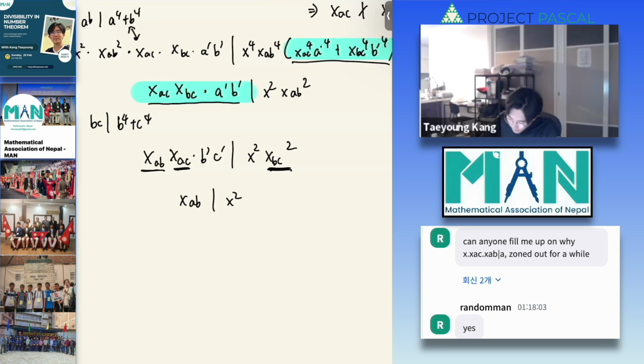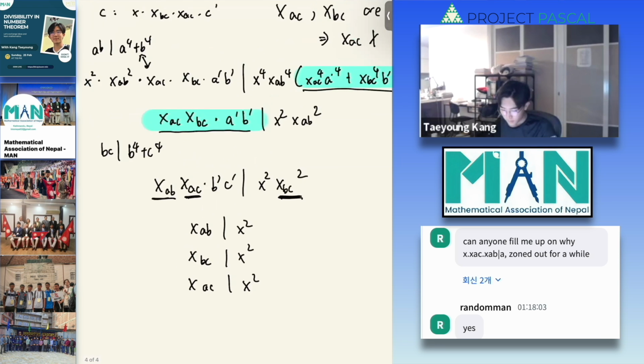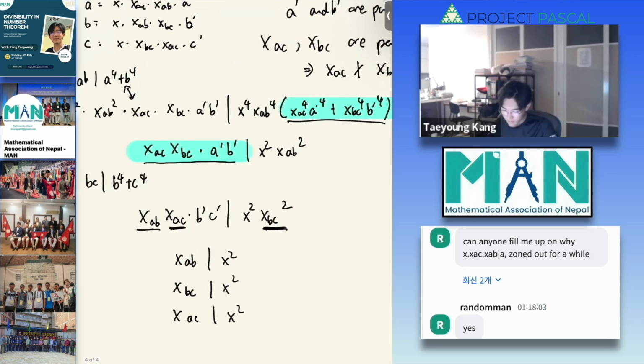And similarly, x_BC divides x squared and x_AC divides x squared. Do you guys get the reasoning? It's from comparing these two.